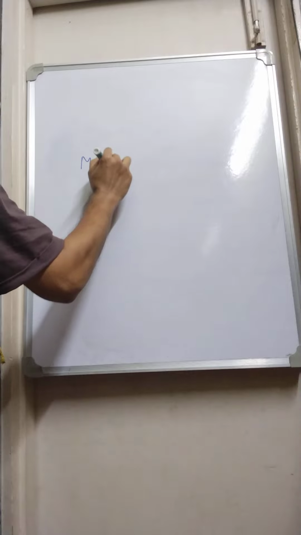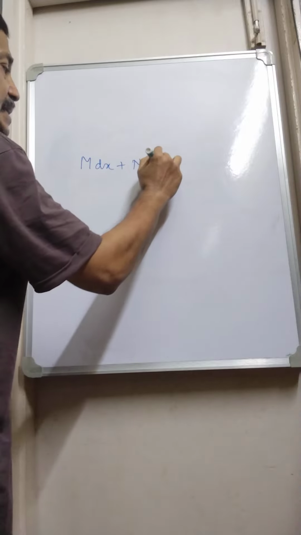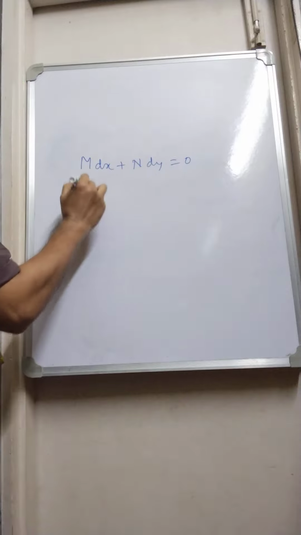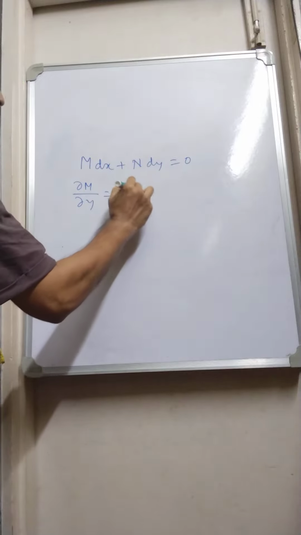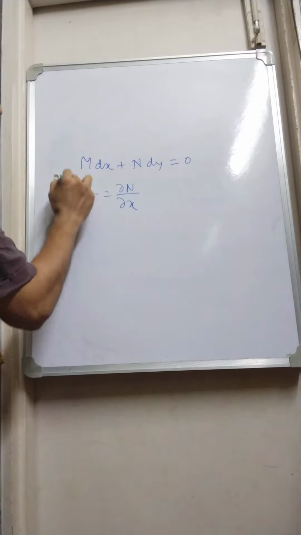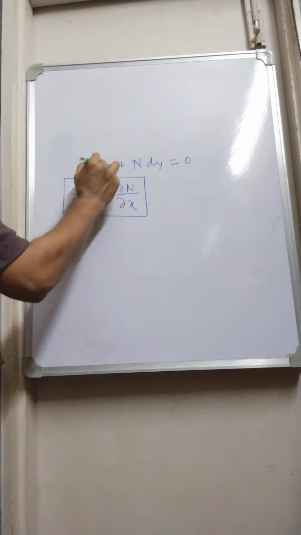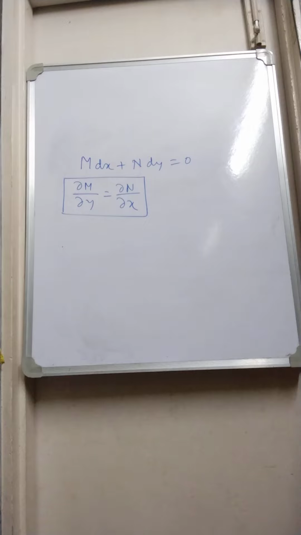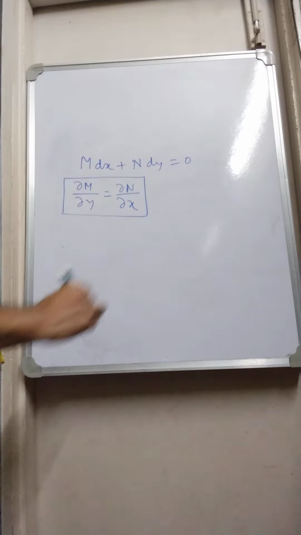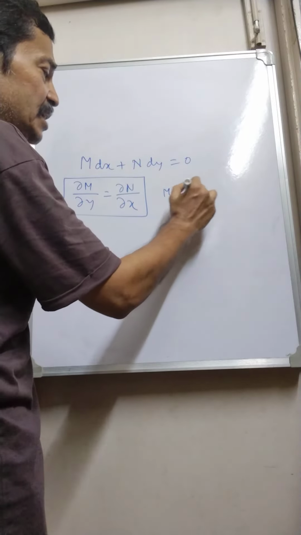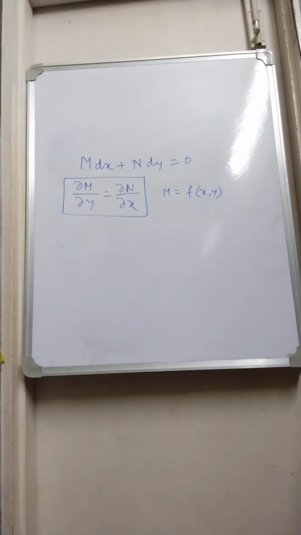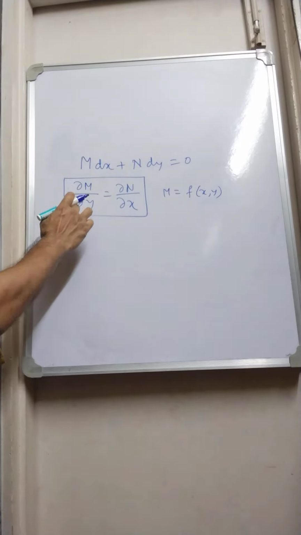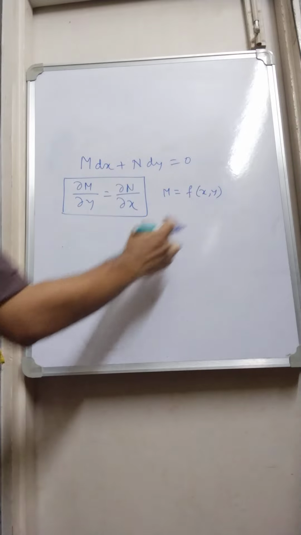So M dx plus N dy is exact only when we have ∂M/∂y equal to ∂N/∂x. Okay, the partial derivative of this function M with respect to y is equal to the partial derivative of N with respect to x. We all know about the partial derivative, I hope. Any function of two variables x and y. So ∂M/∂y is nothing but the ordinary derivative dM/dy when x is kept constant.